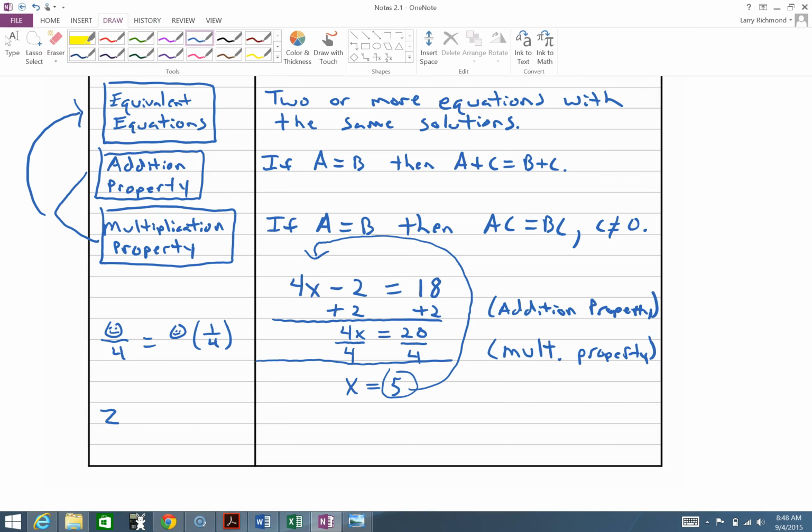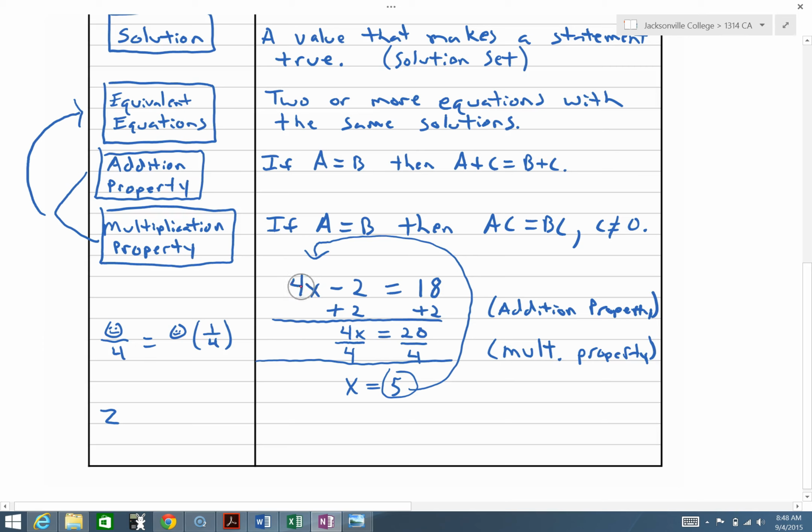Showing my substitution here, so now instead of 4 times x, I'm going to substitute the value 5, subtract 2. Well, 4 times 5 is 20. 20 minus 2 is 18. And this statement here is a true statement. So, since 5 makes this statement true, we say x equals 5 is a solution. What we mean is this value, x equals 5, makes our original statement true.